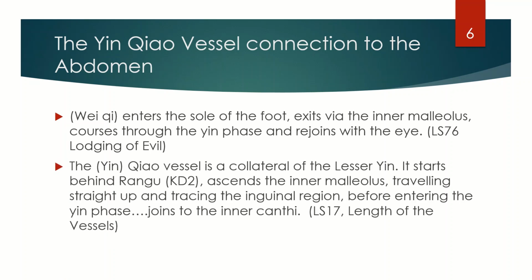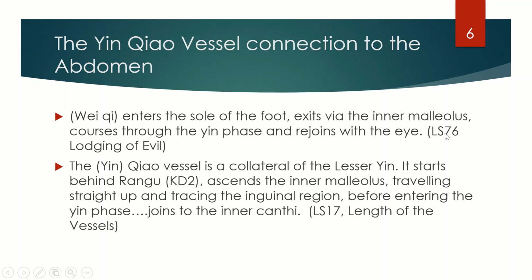And then even the pathway of Wei Qi as it enters into the Yin phase, as discussed in the spiritual pivot, is just exactly the same as the pathway of the Yin Qiao vessel.